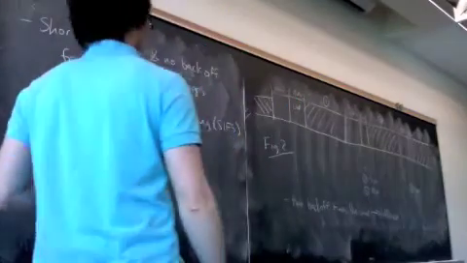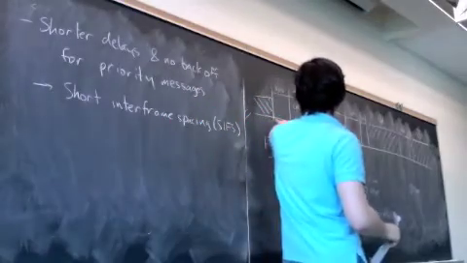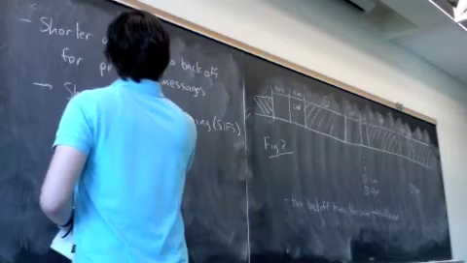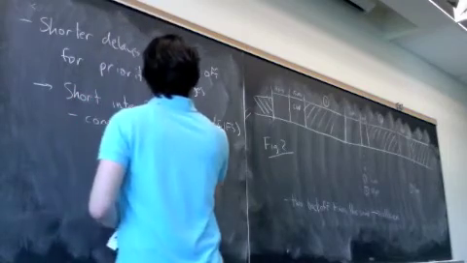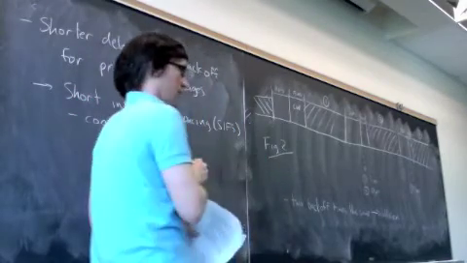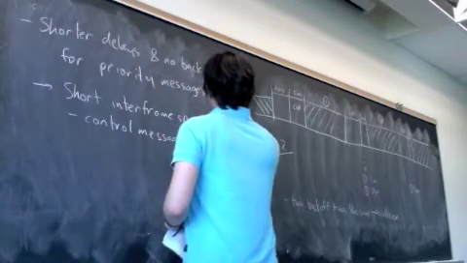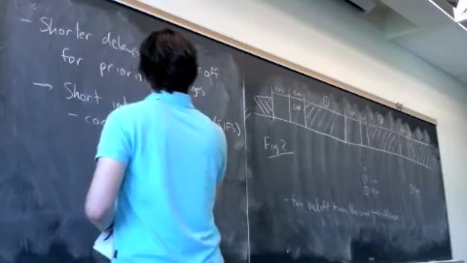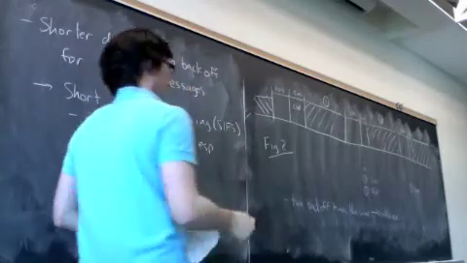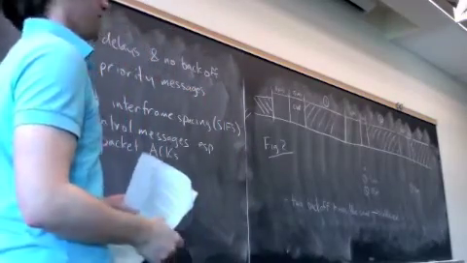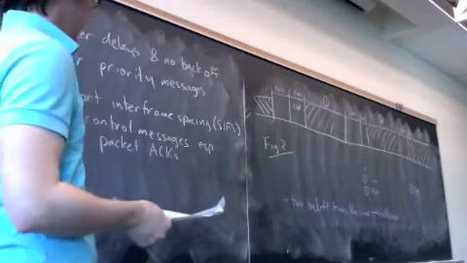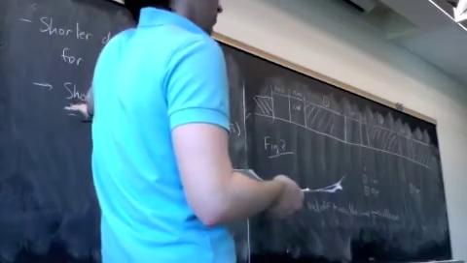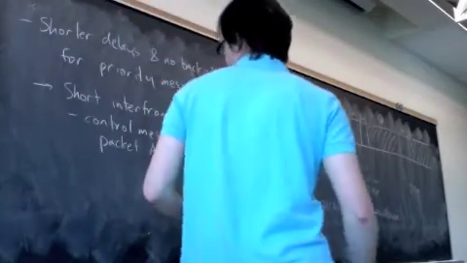This is the shortest possible amount of time that one waits, and that is for control messages, high priority control messages, especially packet acknowledgements. You want packet ACKs to get through first because it doesn't make sense to be waiting a long time for those. So those and other very high priority control messages use the short spacing.